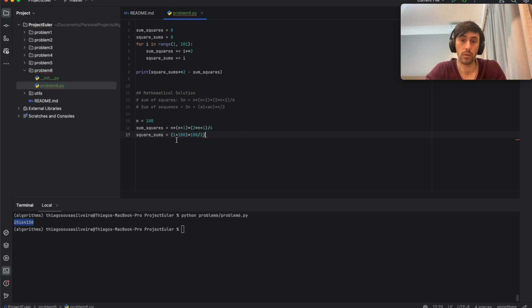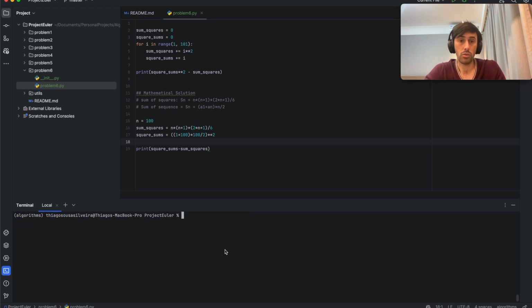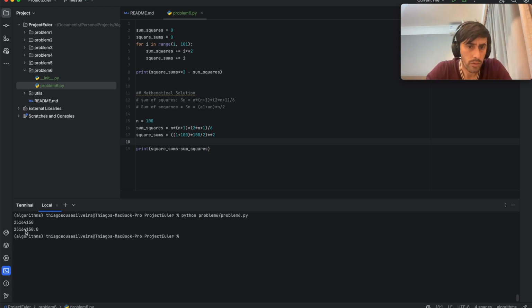And all of this, we're going to square. And then for our result, we just calculate this difference, which should be the square of the sums minus the sum of the squares. Right? I expect this to give the right result. Let's take a look. Yes, it gives the right result.